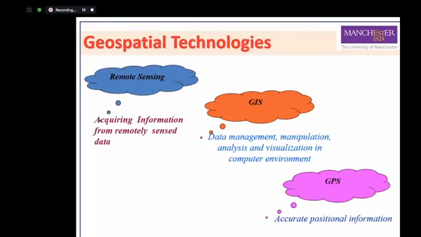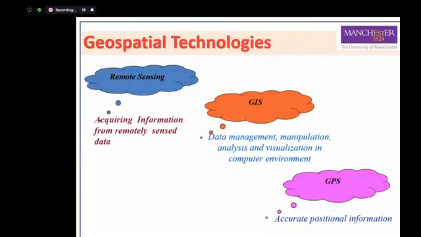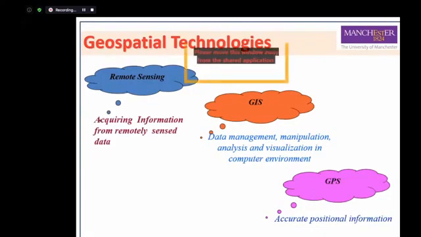I just put these 3 things together. Remote sensing is totally based on physics, pure physics. GIS, somehow we geographers can say that GIS belongs to our field. This is our creation. But GPS actually belongs to the military or security purpose.